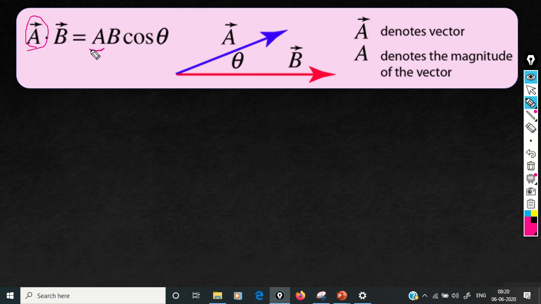So it indicates that A bar denotes a vector and A denotes the magnitude of the vector. If theta is the angle between the two vectors, I can write vector A dot vector B is the magnitude of vector A, magnitude of vector B, into cos of theta between the two.